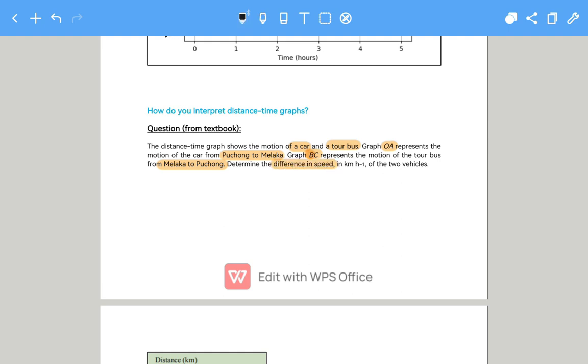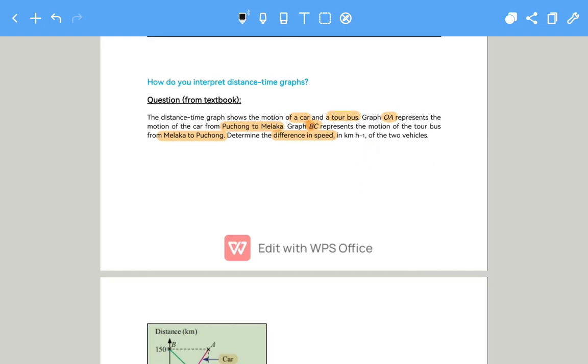Okay, so the difference in speed. How do we find speed in a graph? Remember this: if the question asks you to find speed in a distance-time graph, the speed represents the gradient. M is the gradient. So to find speed, we just find the gradient.